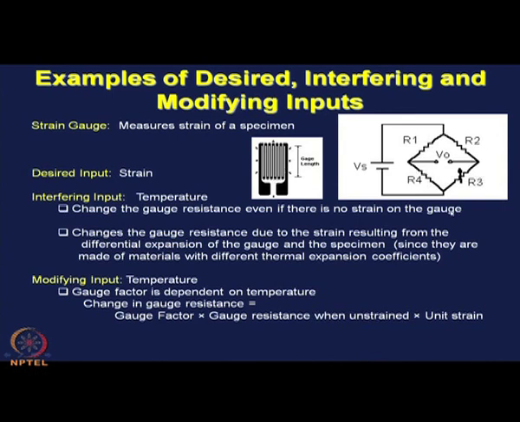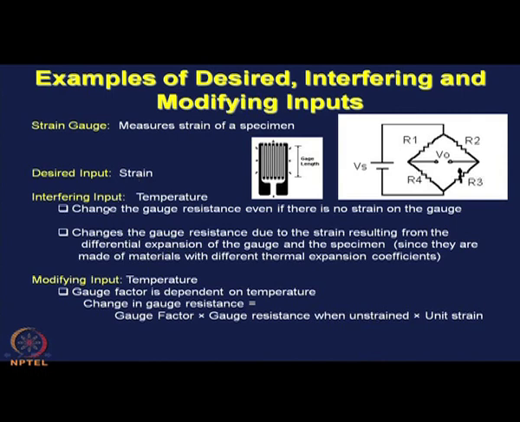So, there will be an unbalance in the circuit, and the current can be taken as a measure of the strain. So, the desired input here is strain. The strain gauge has been designed to be sensitive to strain.